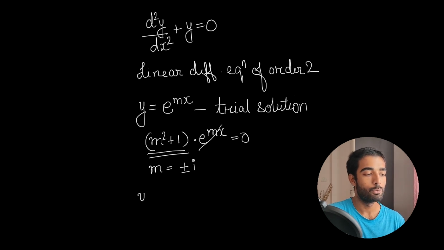After this, we write the solution as a linear combination of both the roots, like this: a e to the power minus ix plus b e to the power ix.